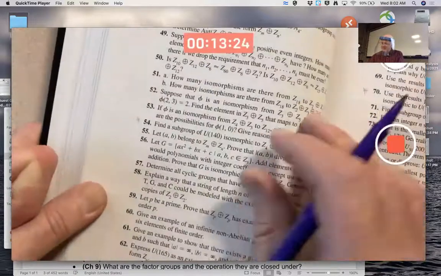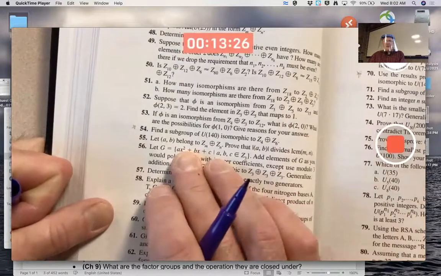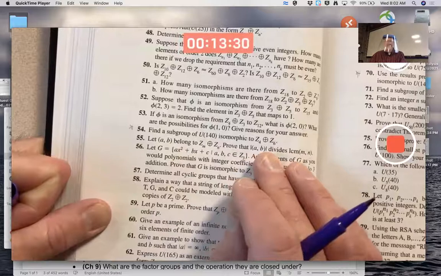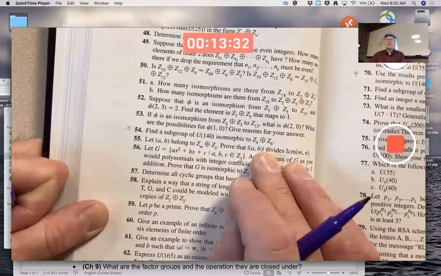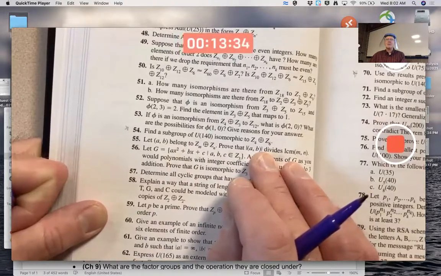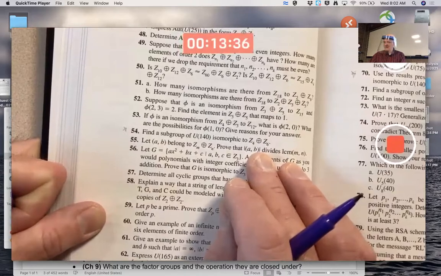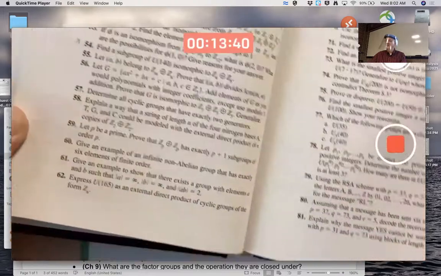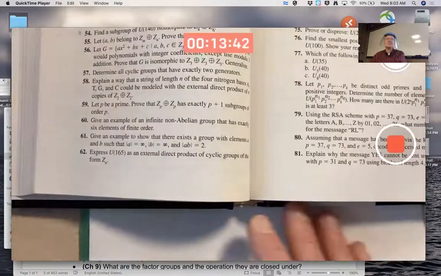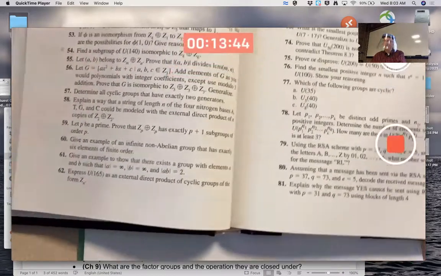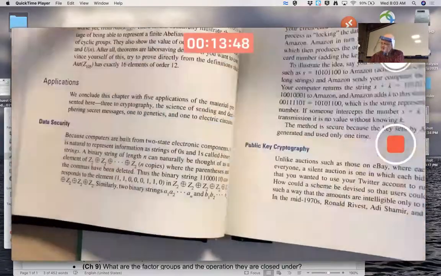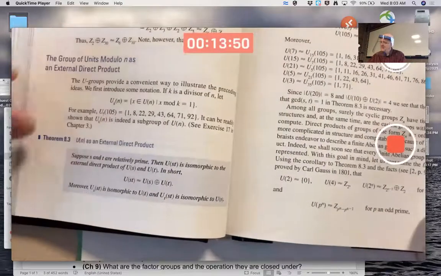So this problem here: find a subgroup of U140 isomorphic to Z4 external direct product with Z6. Before we try to address that problem, let's think about U140 itself based on the theorems in the book, including the thing that I said to label a theorem, even though it wasn't labeled a theorem, at the bottom of page 161.